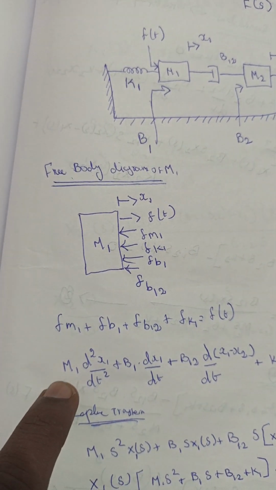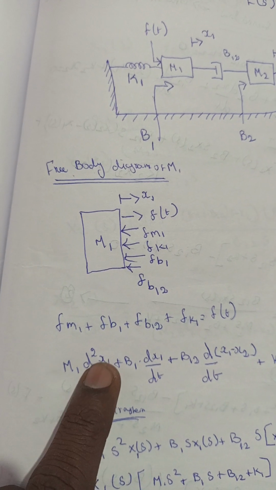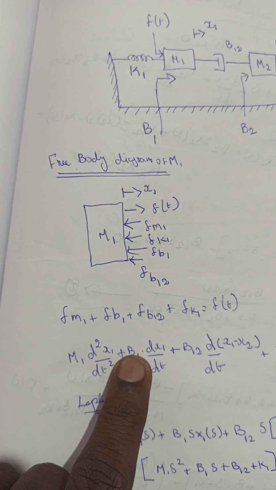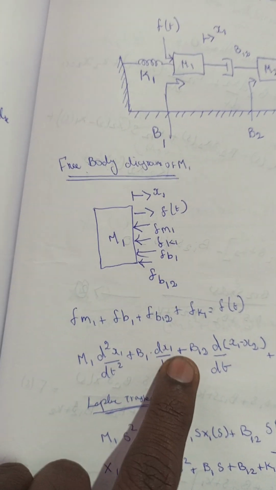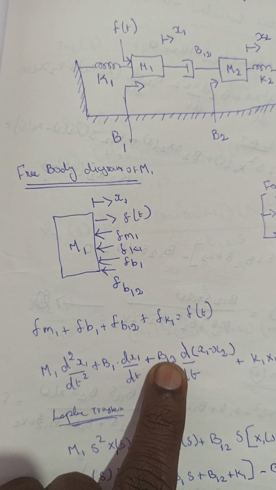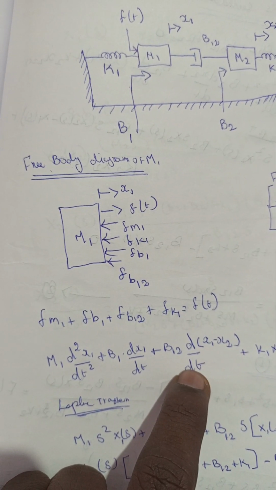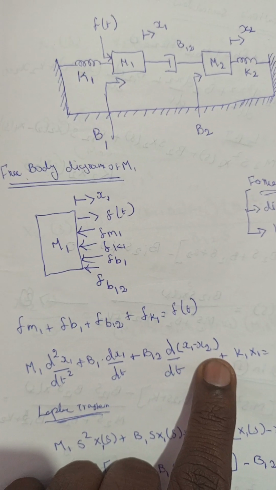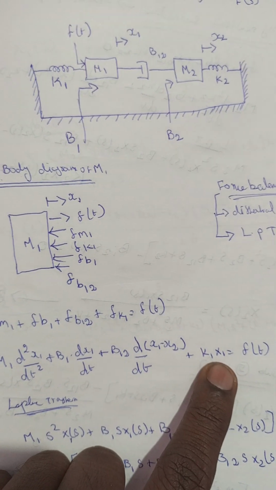So we put M1 d²x1/dt² plus, for the dashpot we differentiate one time, so B1 dx1/dt, and for dashpot 2, B12 d(x1 minus x2)/dt. And for the remaining, K1 x1, that is equal to F(t).